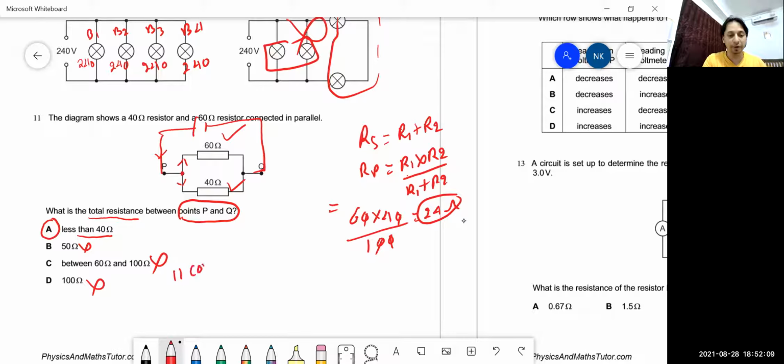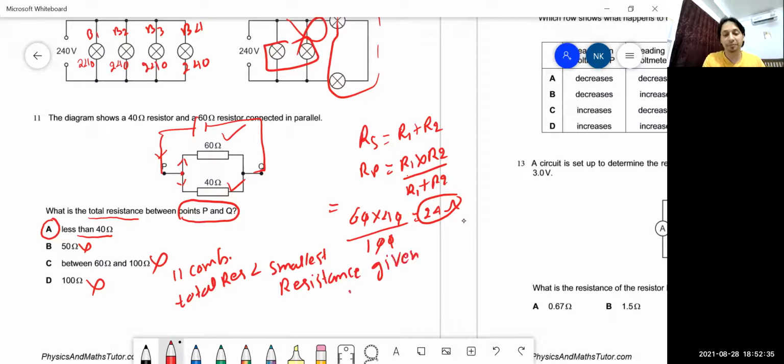And my dear children, I want to tell you, in parallel combination, let me write here, total resistance is always less than the smallest resistance given in the circuit diagram.